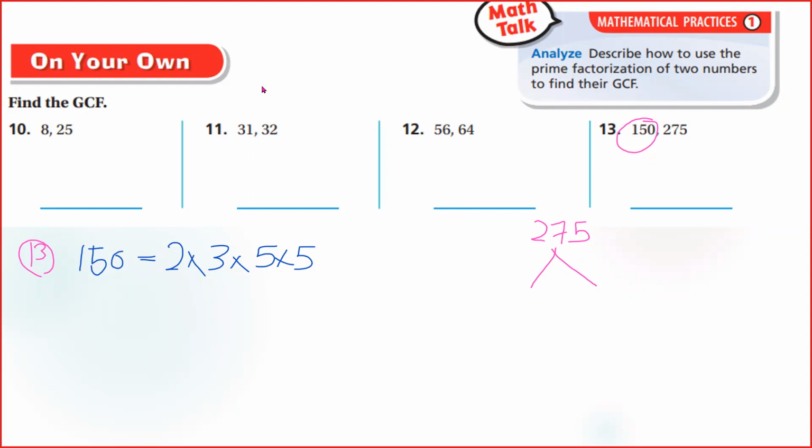Divisible by 5. Bravo. So don't forget, if the number ends in 5, it's going to be divisible by 5. If it ends in 0, it's divisible by 5 and by 10.